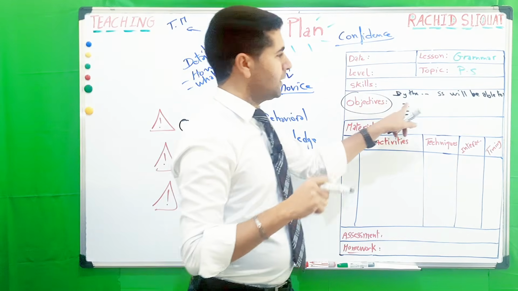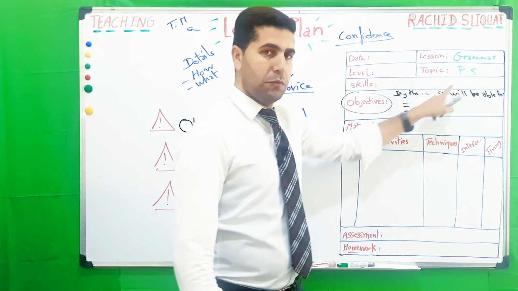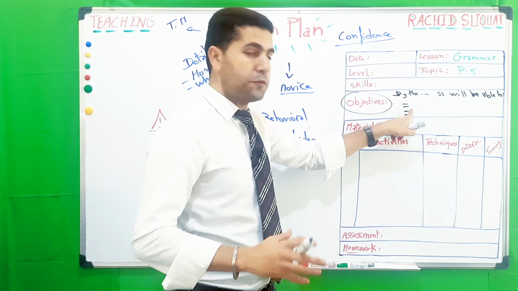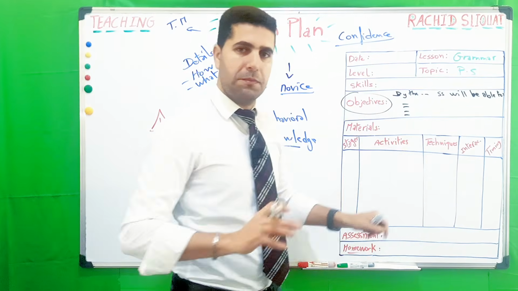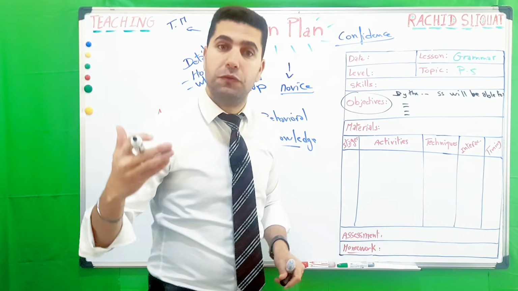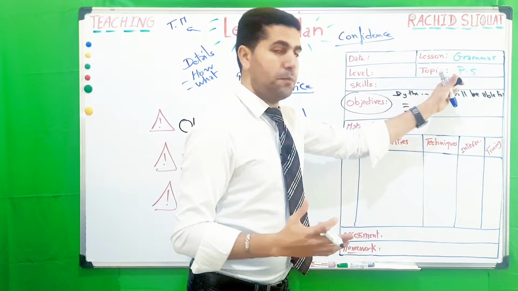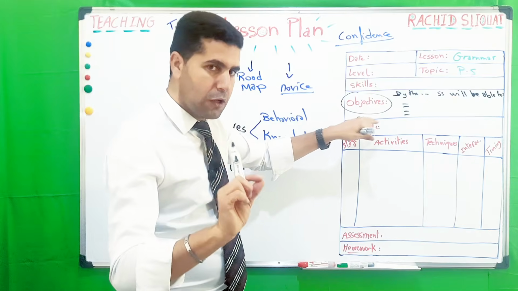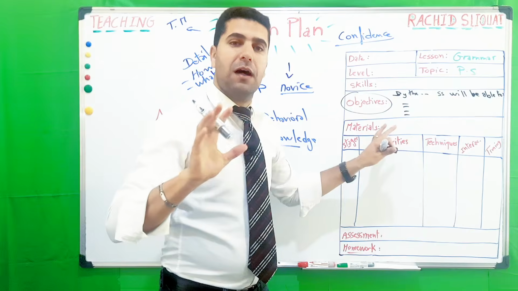For example, for the present simple, will be able to use the present simple appropriately, will be able to distinguish between affirmative and negative forms of the present simple, will be able to talk about, we can say, routine, for instance, if you focus only on routine or habit as far as present simple is concerned. These are the objectives. So it's up to you to set the objectives that you want to achieve and that you think are achievable.